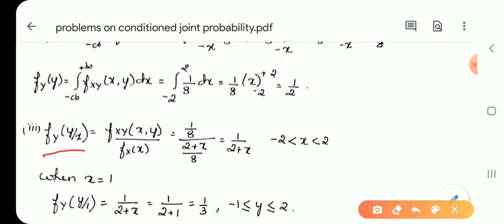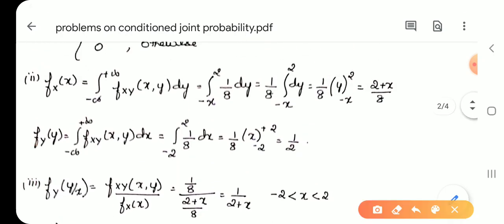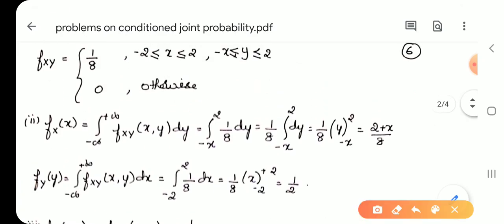It is given by the formula f xy of x comma y by f x of x. f xy of x comma y is 1 by 8, and f x of x, that is the marginal PDF, we have found as 2 plus x by 8.